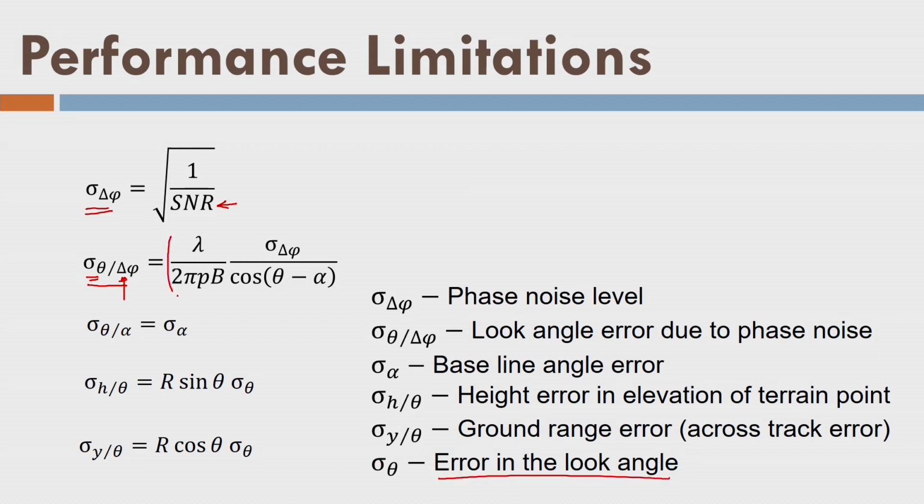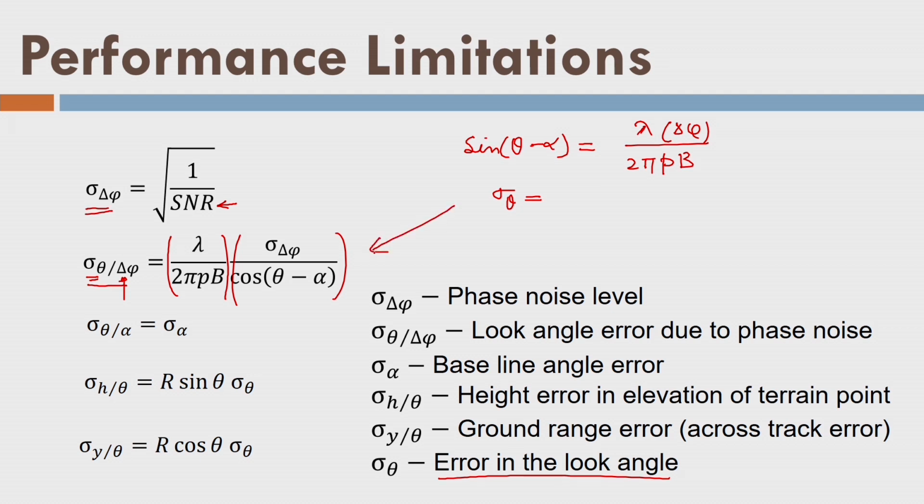So we get this expression here. You can do it yourself, because we have sin(theta minus alpha) equal to lambda delta psi divided by 2 pi p b. From there, by using error propagation, you try to find the error in theta, and you will get this expression.